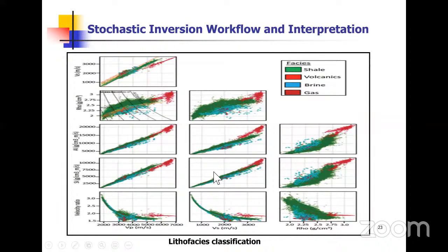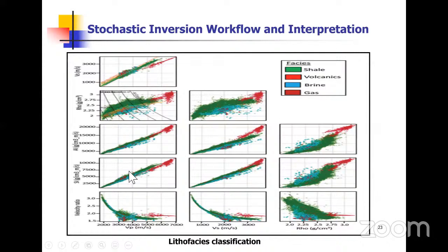This is just a typical example I've taken somewhere. So you have a cross plot window. On the right, you have Vs, rho, acoustic impedance, shear impedance, VP/VS ratio. On the x-axis, I have the VP, the VS, the rho. So when you plot different attributes, this is what you're going to see.